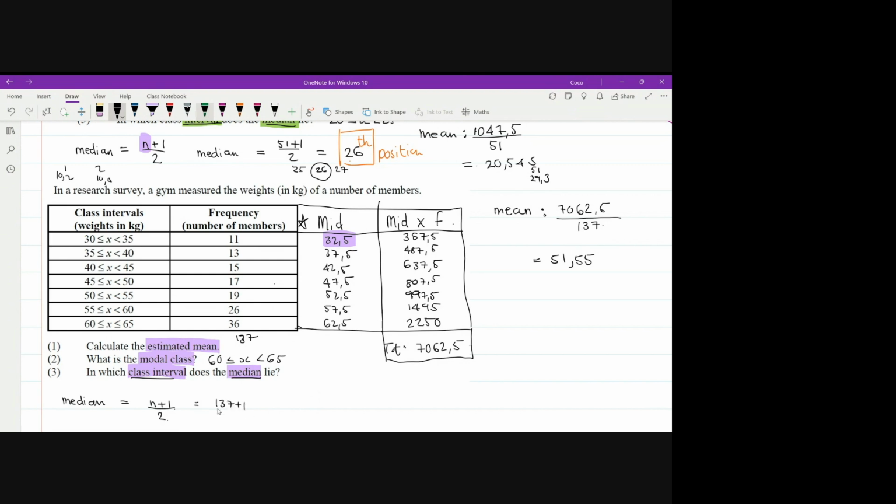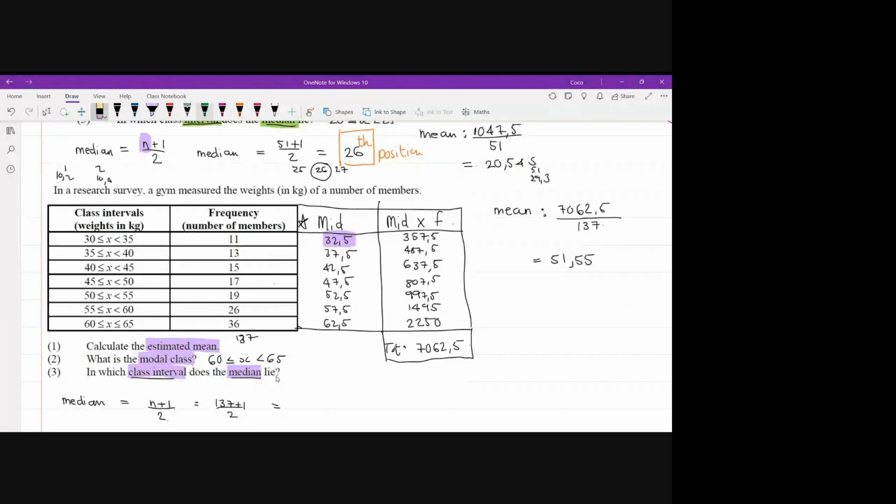Are we sure this is 137? Are we sure it's not 136? Can we look at the frequency numbers again? Let's try that again. 11 plus 13 plus 15 plus 17 plus 19 plus 26 plus 36.